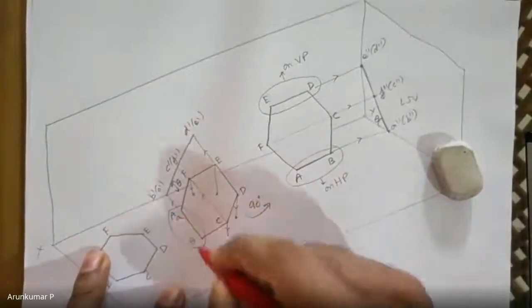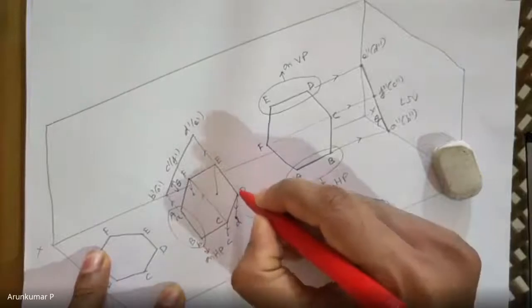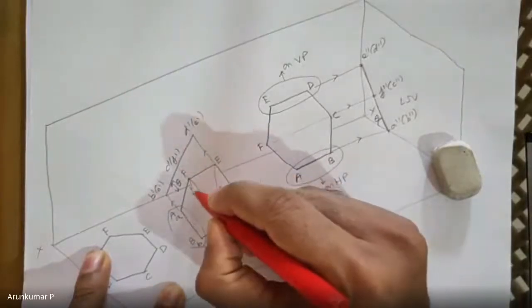So small a, small b, small c, small d, small e, and small f.